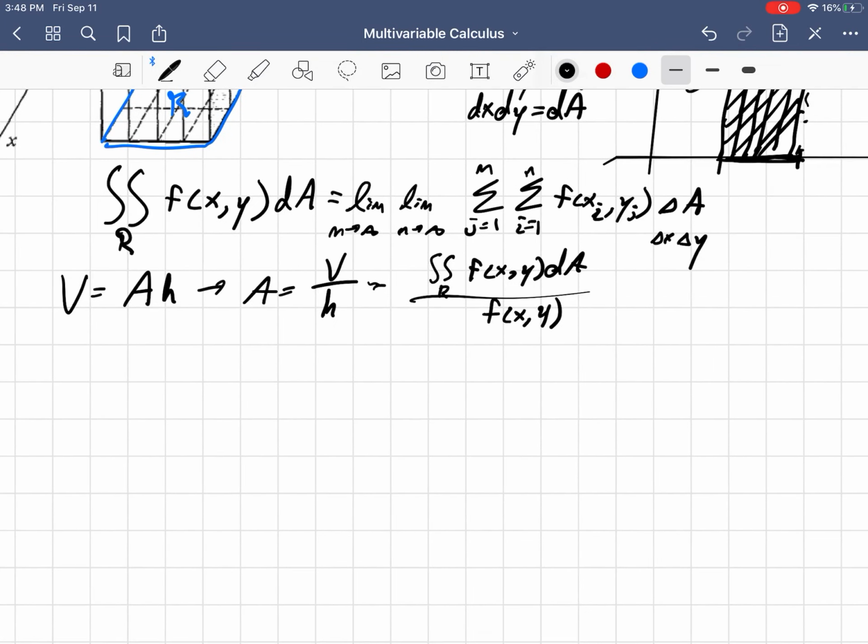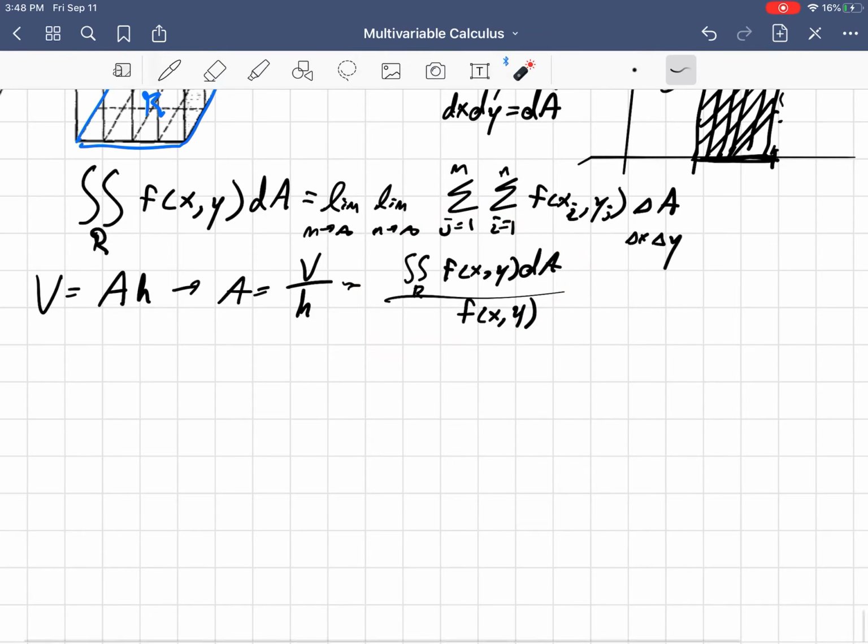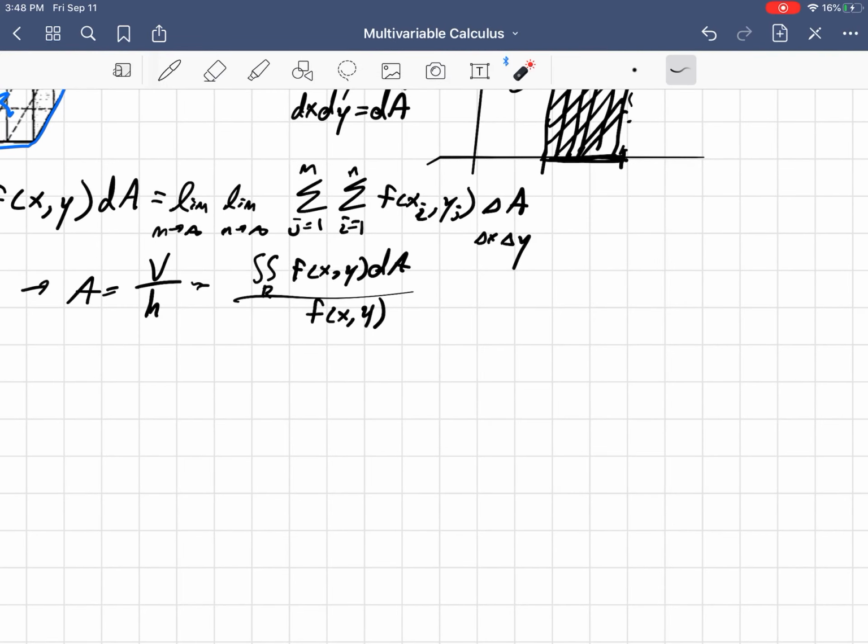Now, the whole reason why I introduced the double Riemann sum is to use it at this point right here. See, the double integral is just a sum, and each one of those terms is going to have an f of x, y in it.